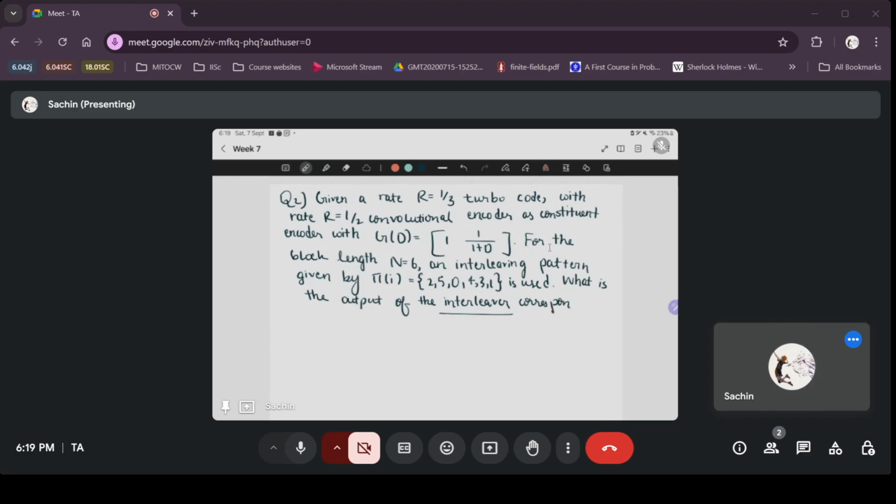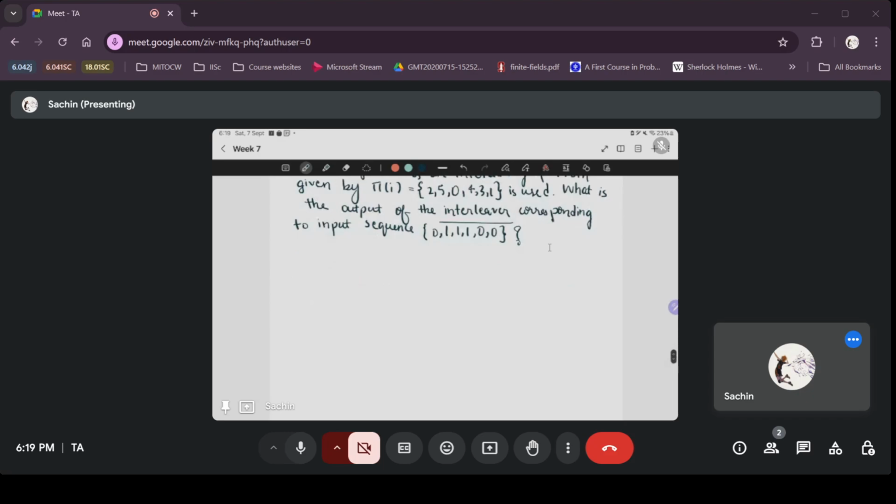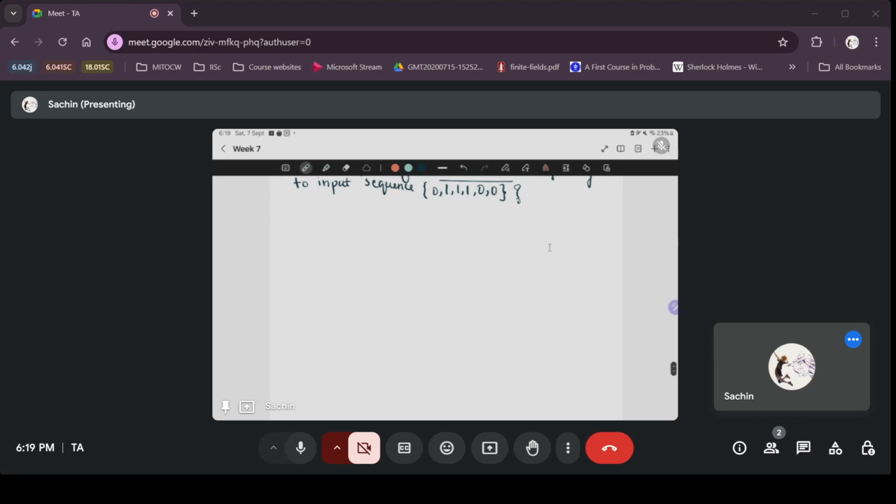corresponding to input sequence 01100. Okay, so for g of D equal to 1 and 1 over 1 plus D, this will be what the convolutional encoder will be.